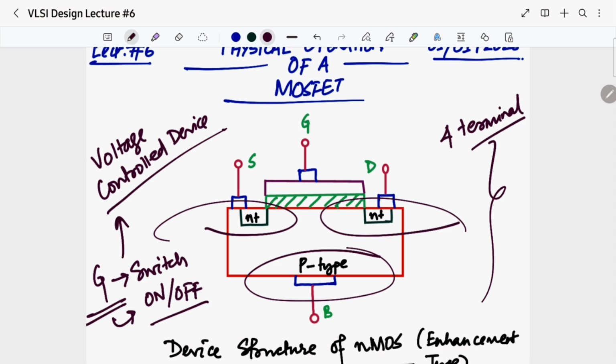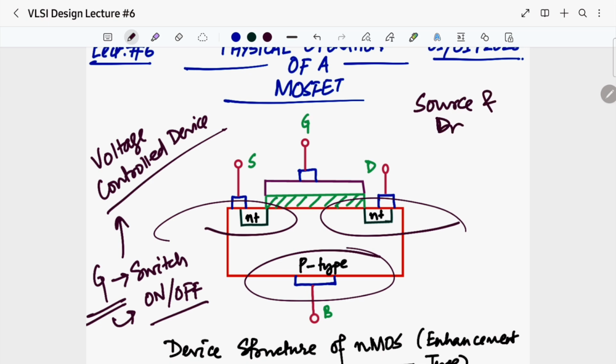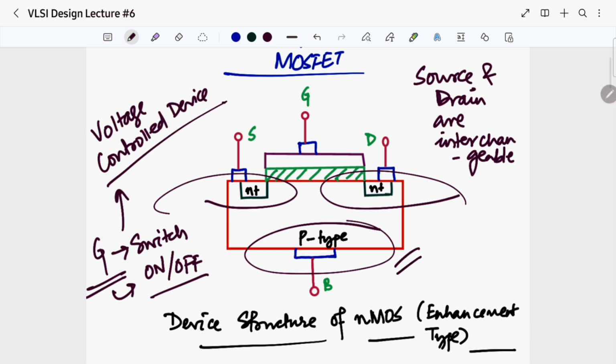Now another point that you have to remember: source and drain are interchangeable. Source and drain terminals are interchangeable. You can already see it in this diagram itself, isn't it?